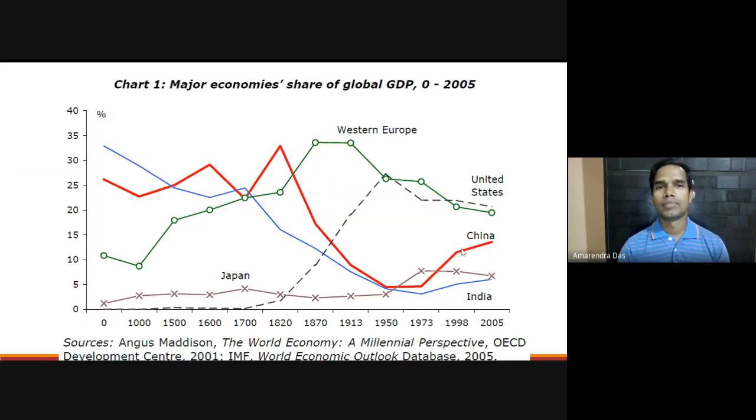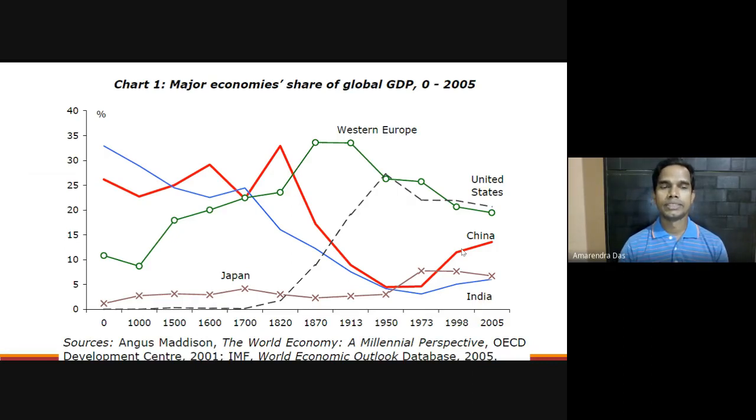Now, this chart gives the major economies' share of global GDP from 0 AD to 2005 AD, given by Angus Maddison, and you can see the reference, the OECD Development Centre.